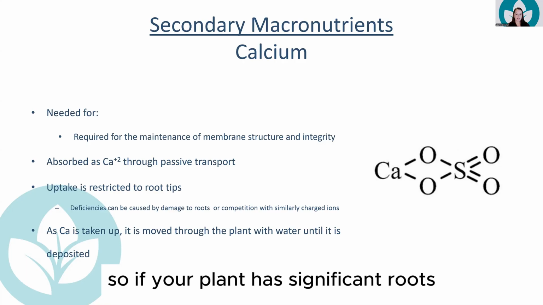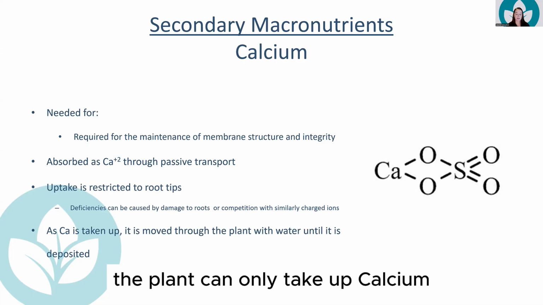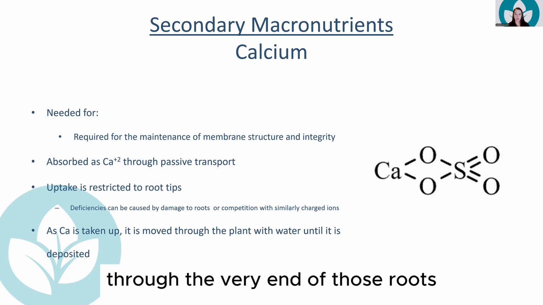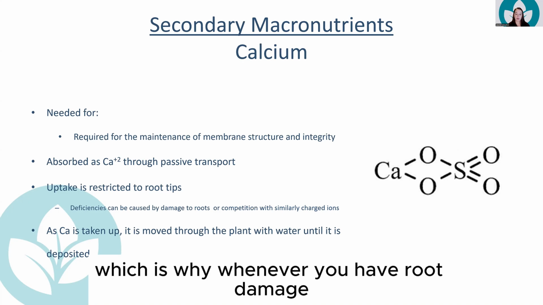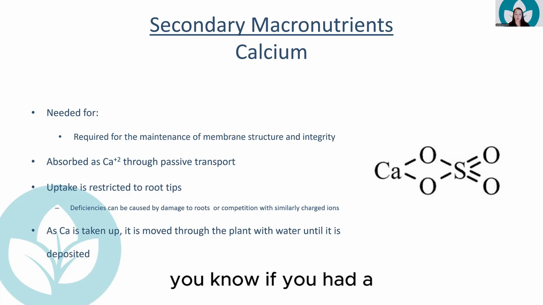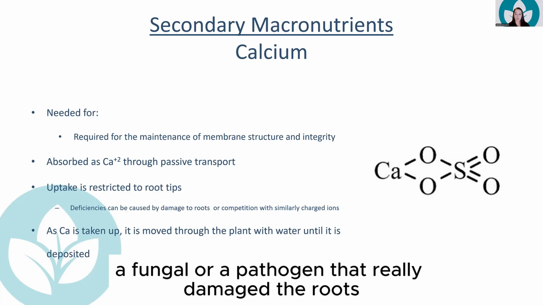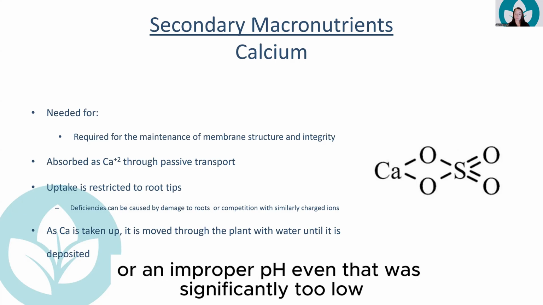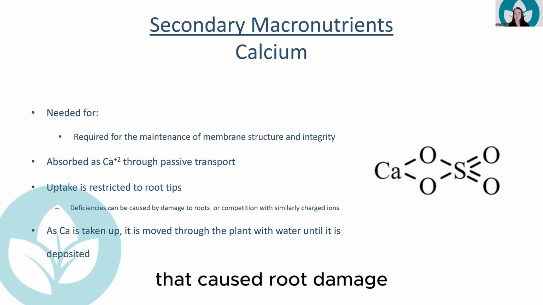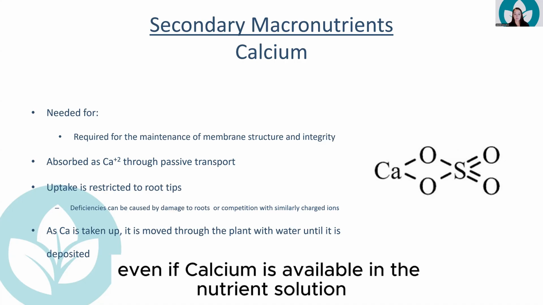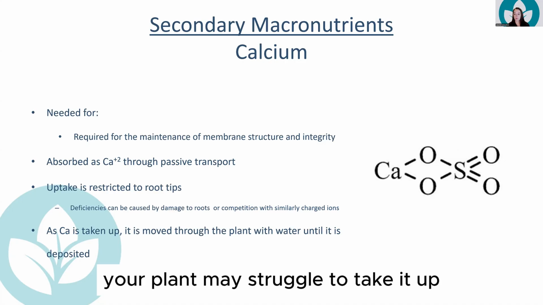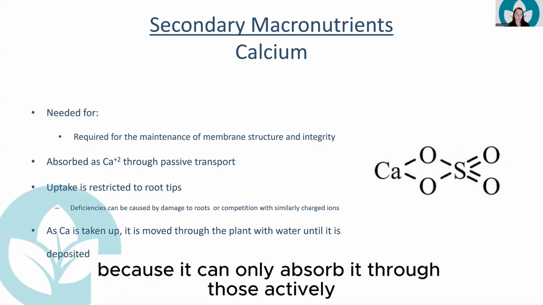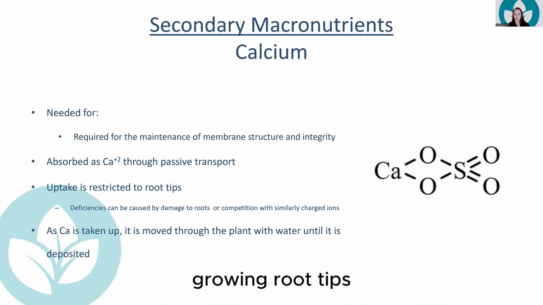So if your plant has significant roots, the plant can only take up calcium through the very end of those roots, which is why whenever you have root damage, if you had a fungal or a pathogen that really damaged the roots, or an improper pH even that was significantly too low that caused root damage, even if calcium is available in the nutrient solution, your plant may struggle to take it up because it can only absorb it through those actively growing root tips.